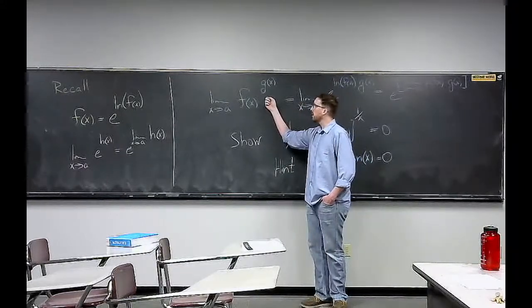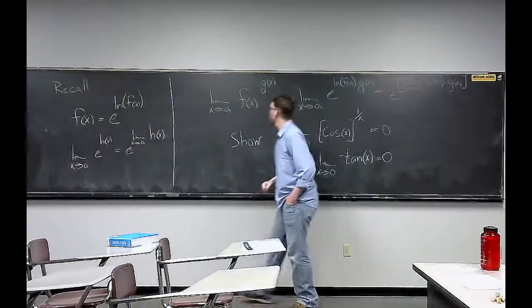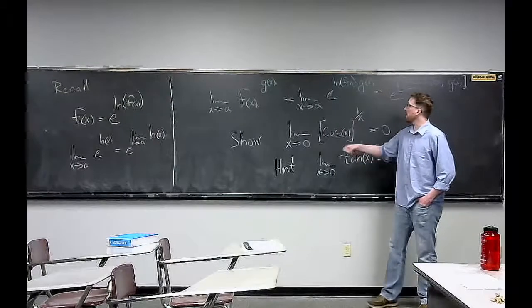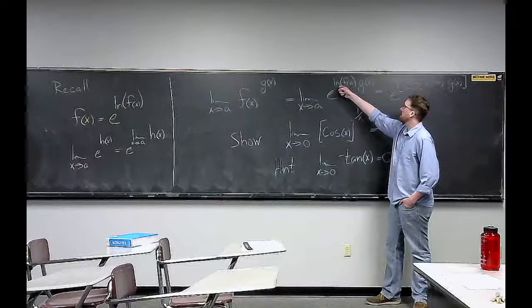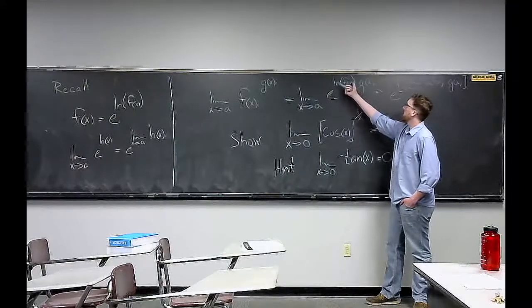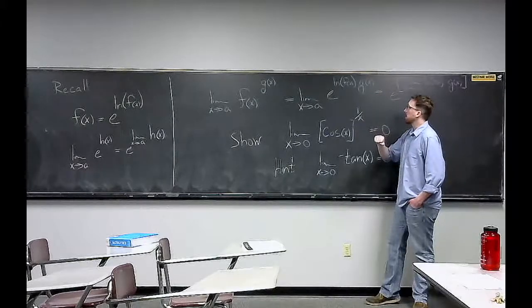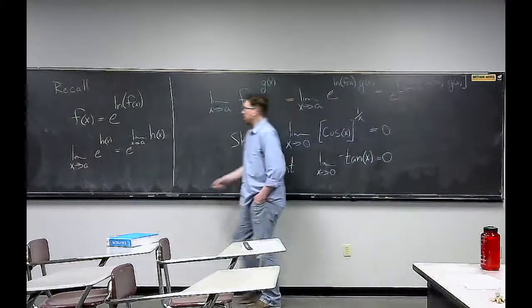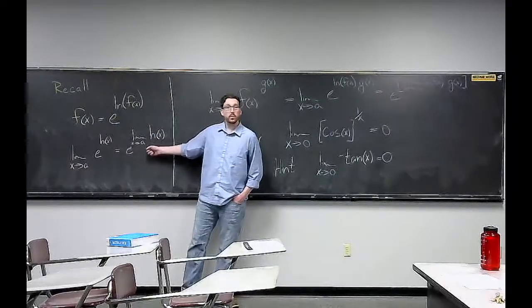But this thing, because of this, in yellow up here, is equal to the limit as x approaches a of e raised to the ln of f of x, that natural logarithm, times g of x. And because of this, we can apply the limit to that exponent.